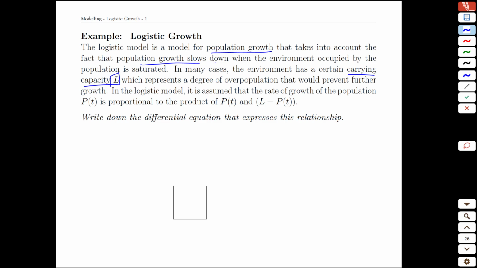The way we get there in the logistic model is we assume that the rate of growth of the population, that would be dP/dt, is proportional to, equals a constant times, the product of the population now and the gap between the current population and the carrying capacity.